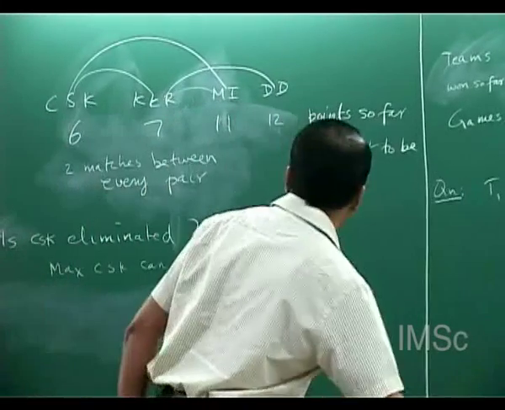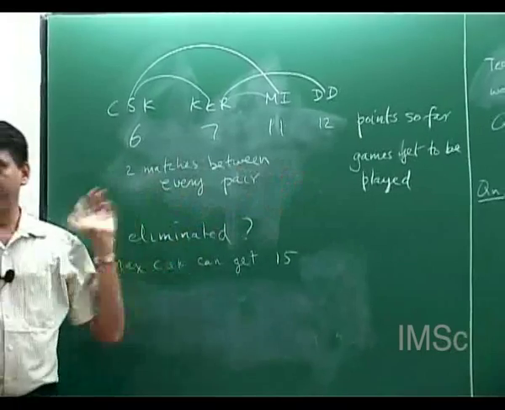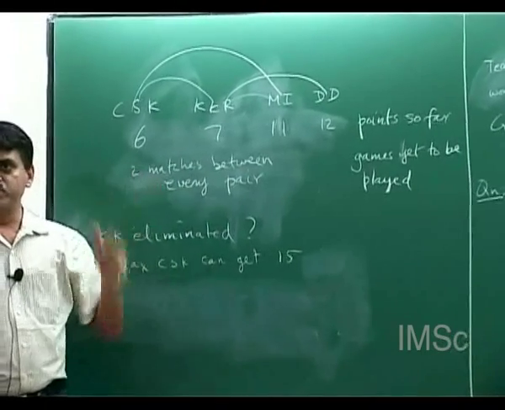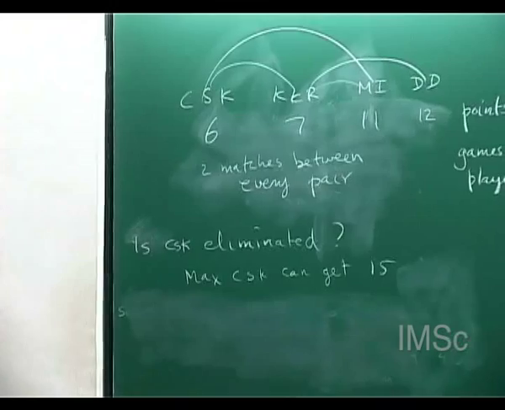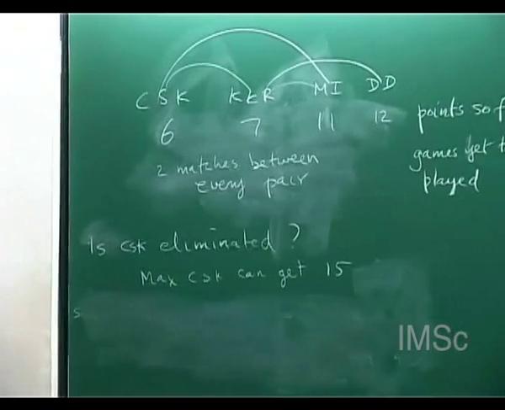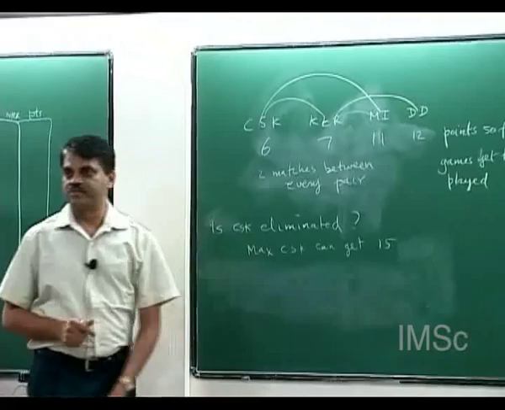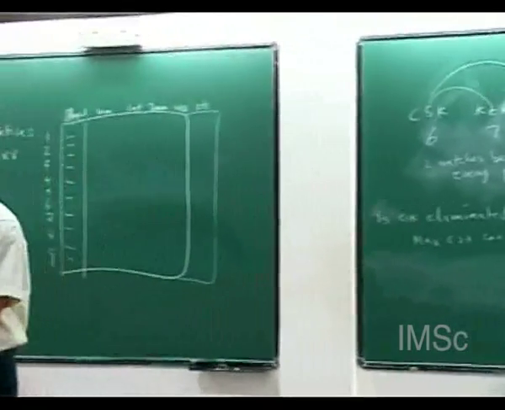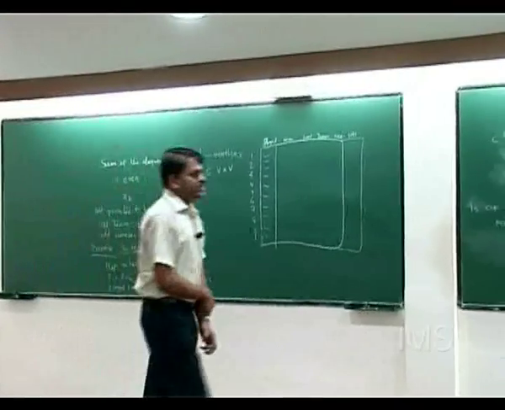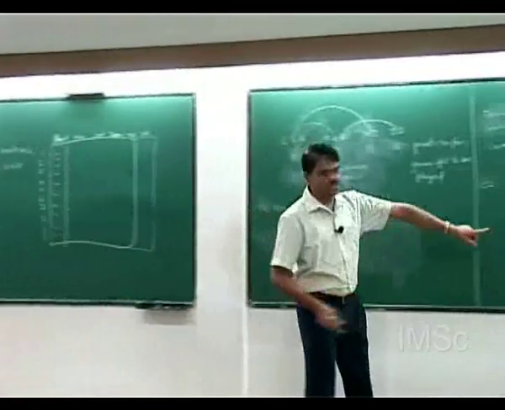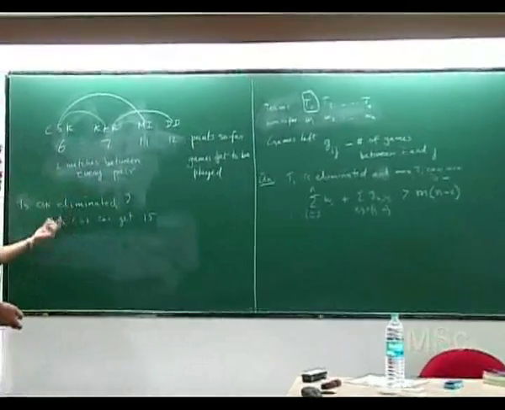Suppose this is the scenario you have: you have 6 points, 7 points, 11 points, 12 points, and the games yet to be played, every pair needs to play 2 games each. Okay, so there are 12 games left. Now I ask the same question, is CSK eliminated? Let us at least try this sufficient condition and see if that works. What is the maximum CSK can get?